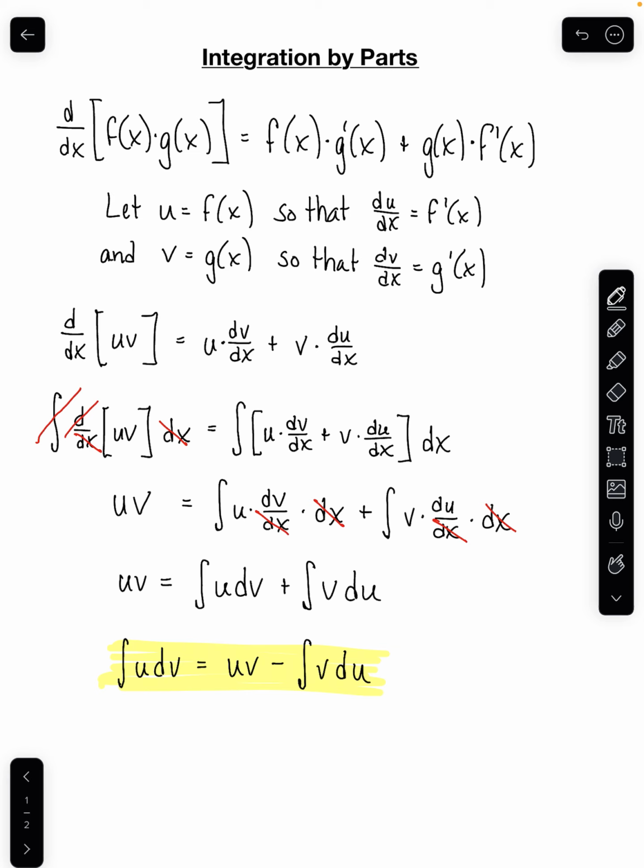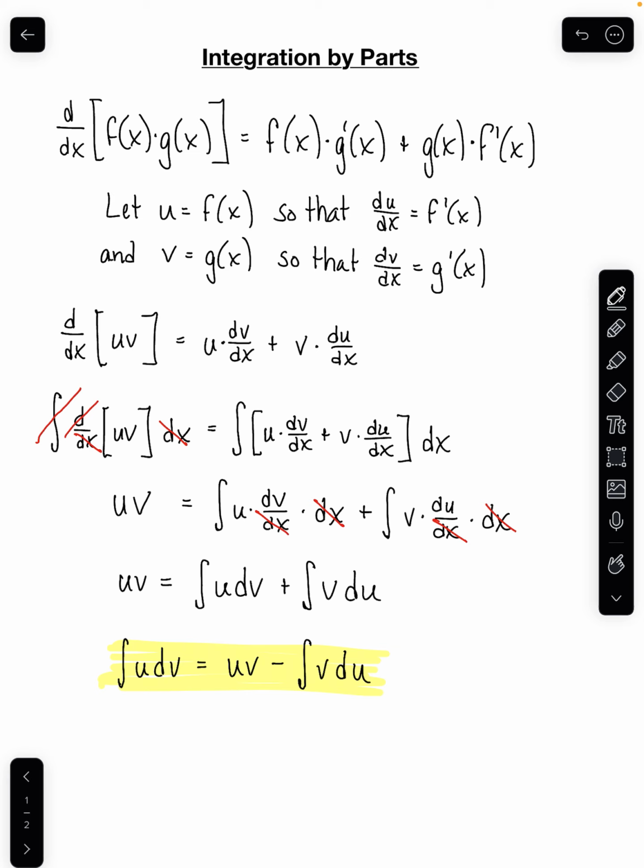Now, at first, admittedly, it looks worse. Keep in mind that differentiation often produces something simpler than what we started with, if you think of things in terms of, say, the power rule. Very often the derivative ends up being a little simpler than what we started with. But the opposite is true with integration. Very often we end up with something bigger and more complicated than what we started with.